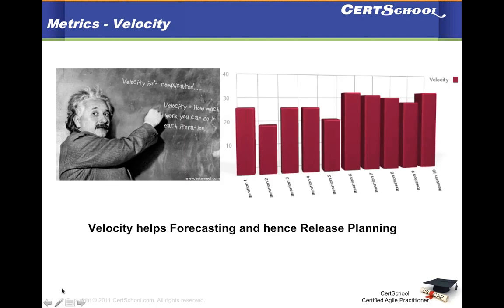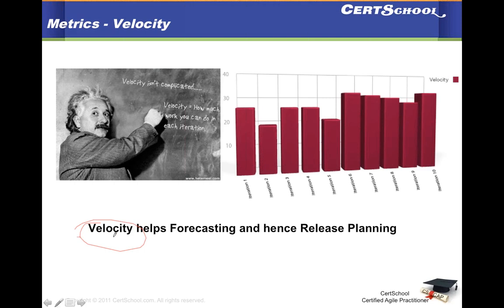So let's look at the first one, velocity. All right, I think I've gone over velocity a couple of times already in my past webinars, but it is such a simple and rudimentary metric or monitoring tool that I want to emphasize it whenever possible.